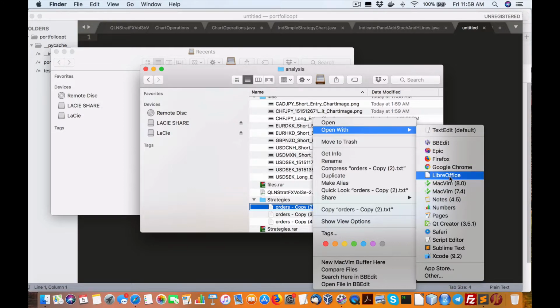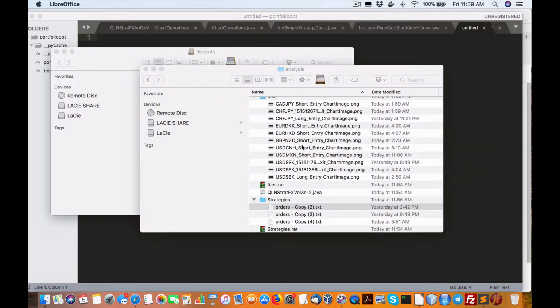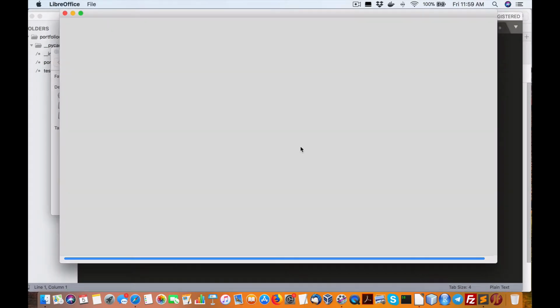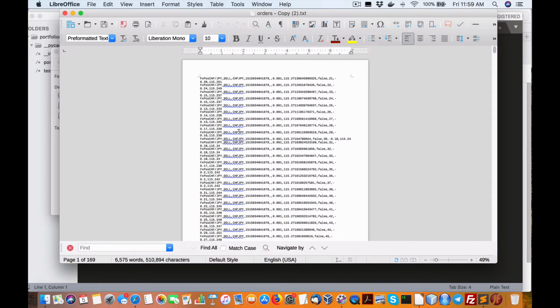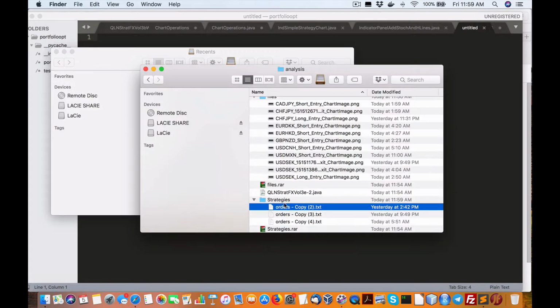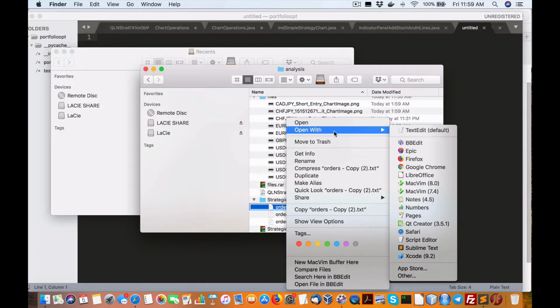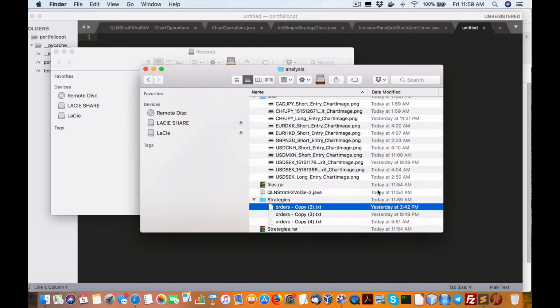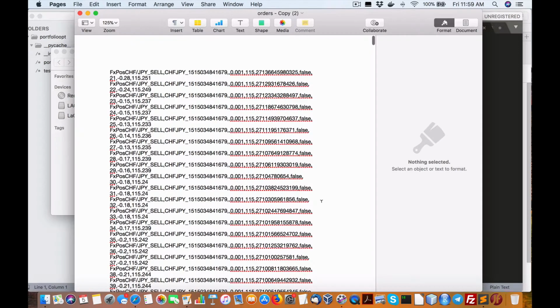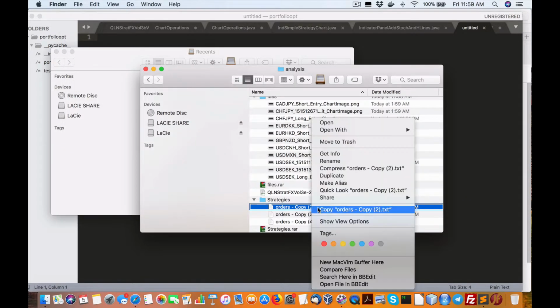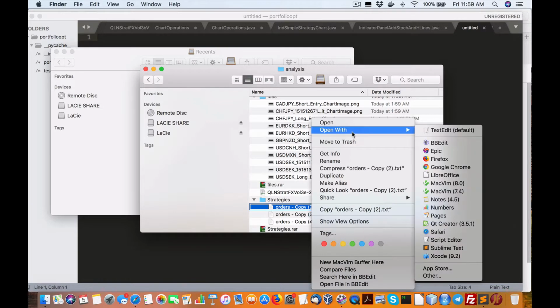So this is what my system will generate as soon as it takes on a new position. I have no idea how many positions there are. No, we don't want that. We want, let's see if I can do it in pages. Sometimes I'm a little neurotic, so we want numbers.